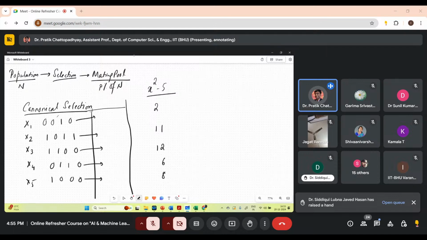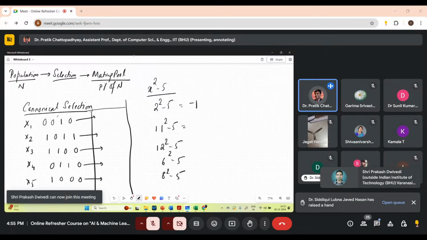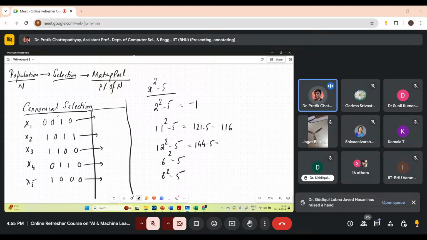Then x square minus 5 gives 2 square minus 5, which is minus 1; 11 square minus 5, which is 121 minus 5, 116; 12 square minus 5, which is 144 minus 5, 139; 6 square minus 5, which is 36 minus 5, 31; and 8 square minus 5, which is 64 minus 5, 59.